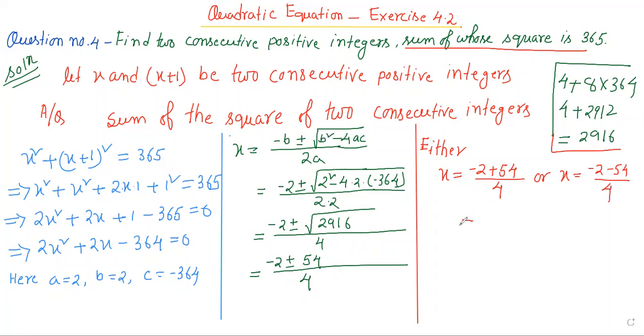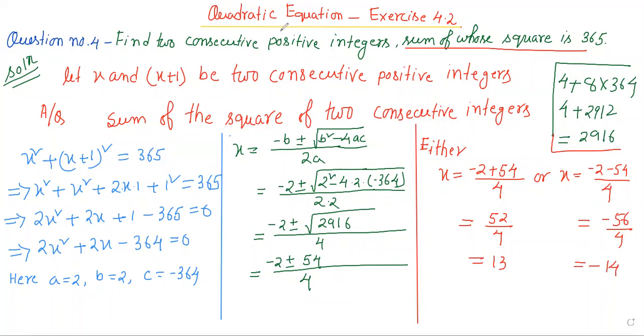So here in this case it will be minus 2 plus 54, that is 52, so 52 by 4. That means this x is 13. Here it will be minus 56 by 4, and it will be minus 14.